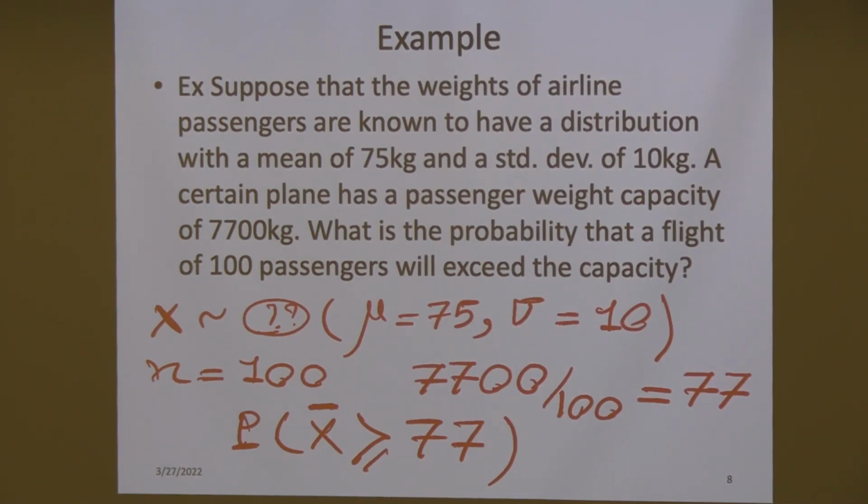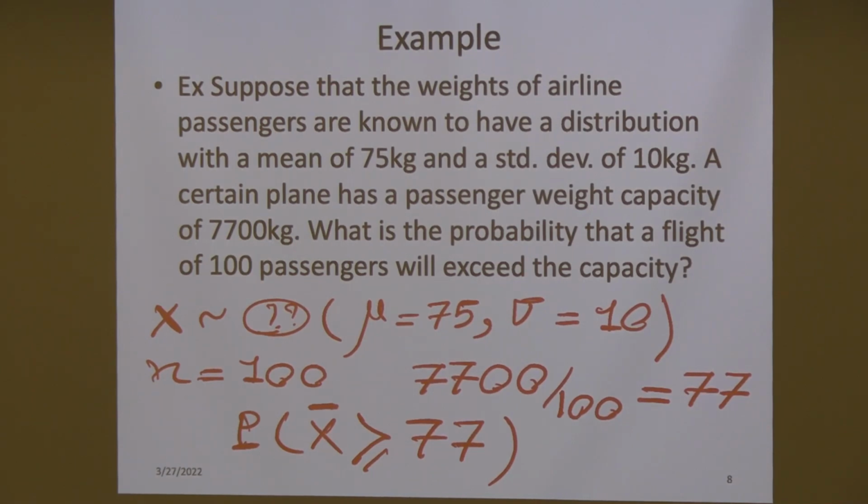So the sample that we have is a sample of 100 people, okay? And for the weight to be larger than 7,700, because we have 100 people, the sample mean needs to be larger than 77, right? So we are interested in the probability of sample mean larger than 77, right? This is what the question is asking.